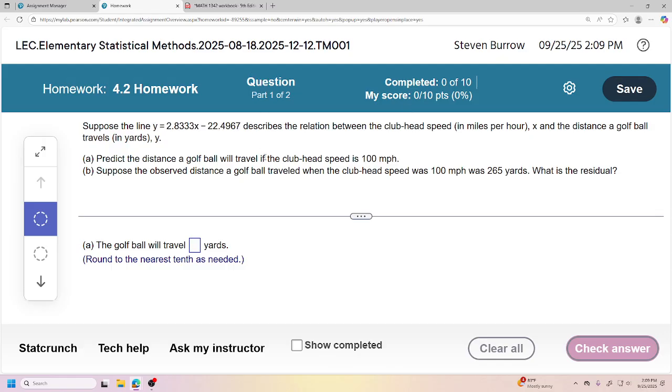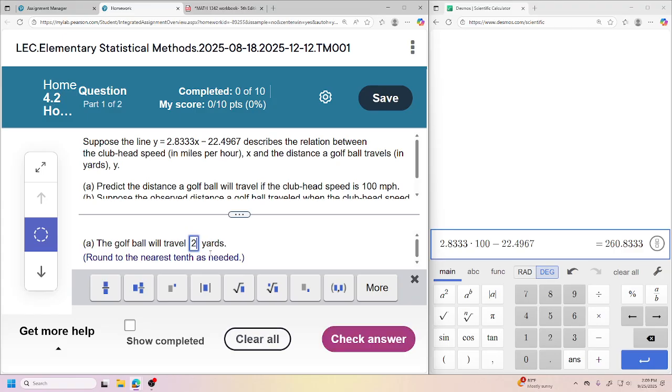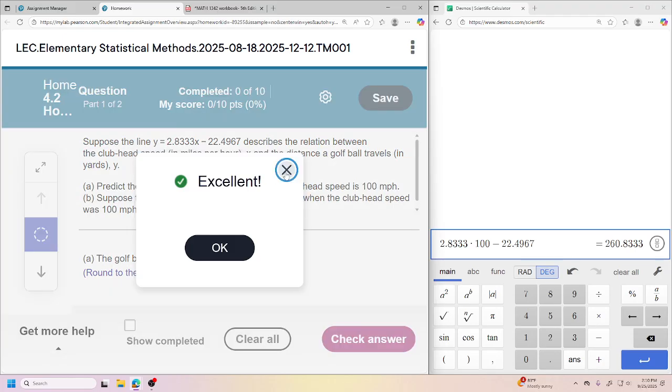Oh, plug it in. That's a minus 4, 9, 6, 7. The nearest 10th? Sweet.